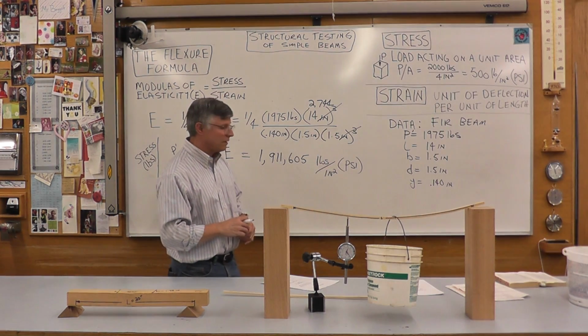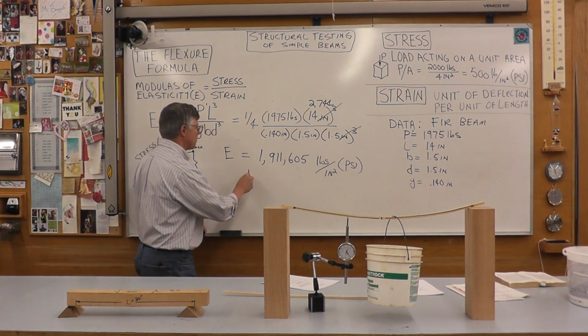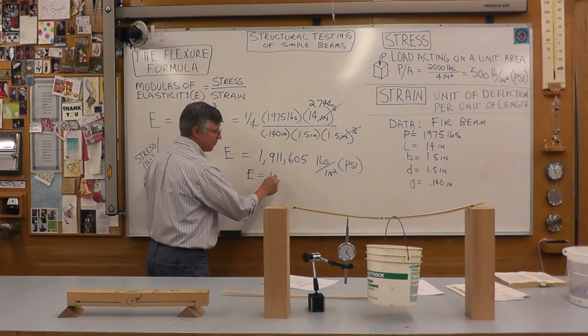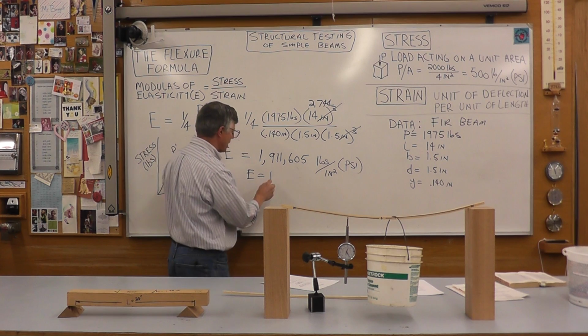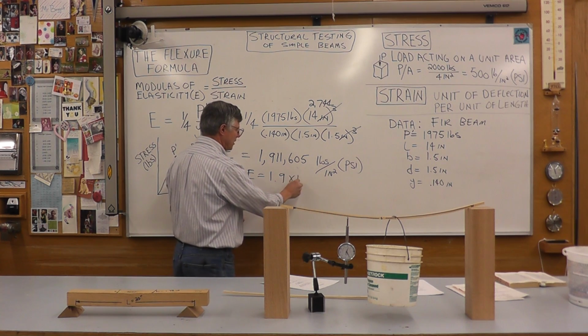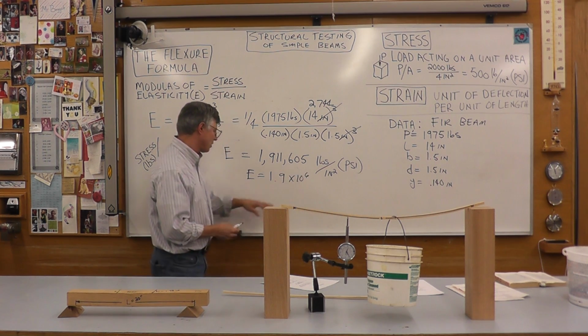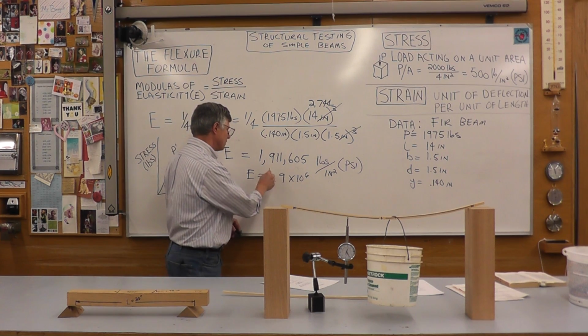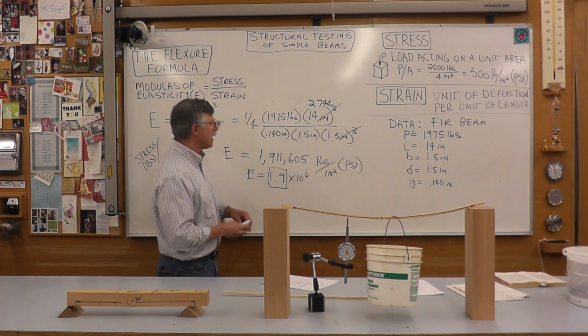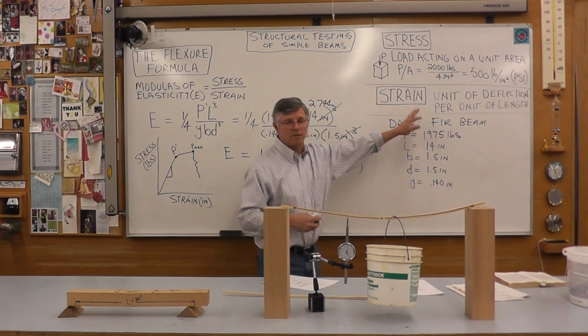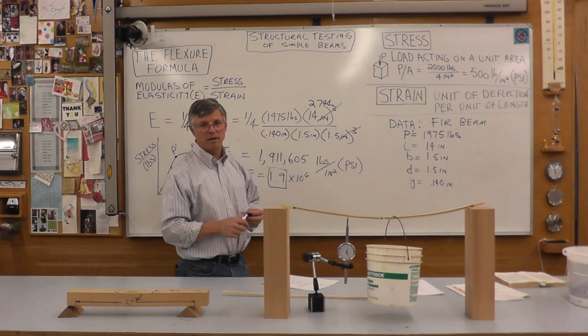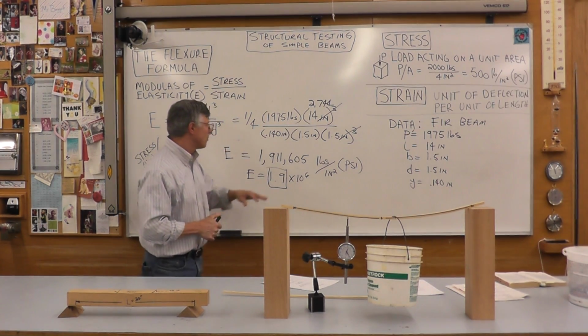In the textbooks, they're going to round this off. They're just going to say 1 point, what is this one going to be, 1.9, times 10 to the 6, and a lot of times in the books you'll just see 1.9. You'll just see the E value of this fir beam is 1.9. Again, a huge number based on the data.